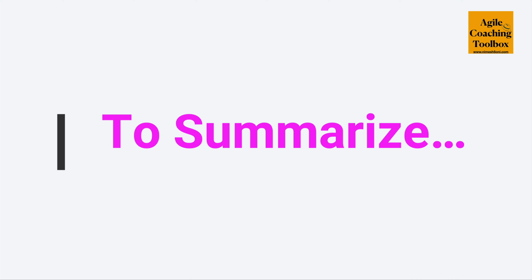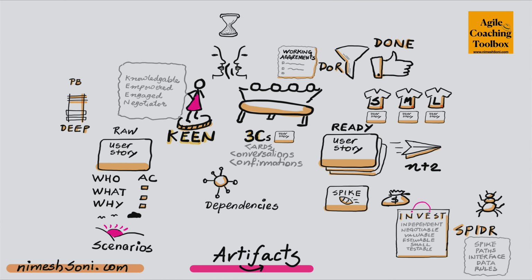All right, so let's do a 360-degree view of the room and summarize what are the artifacts, what are the documents that we should see in this room. To start with, I would expect the product backlog, the deep product backlog, raw user stories. These are the next priority stories that the product owner has identified. These raw stories should have who, what, why, the acceptance criteria, the scenarios.